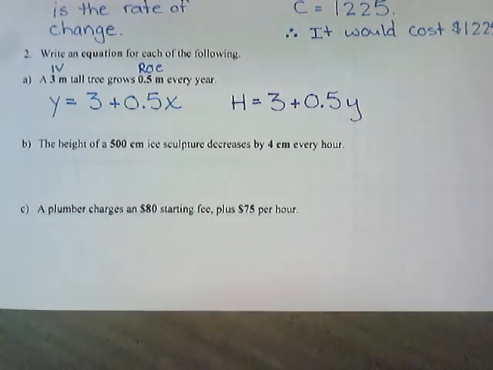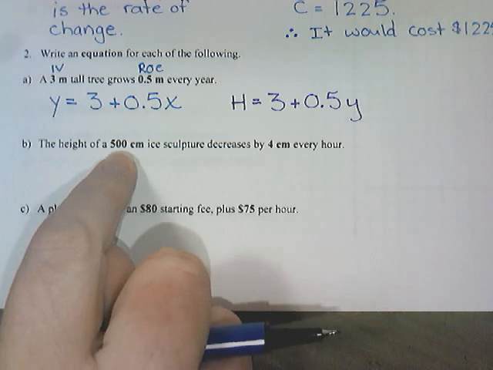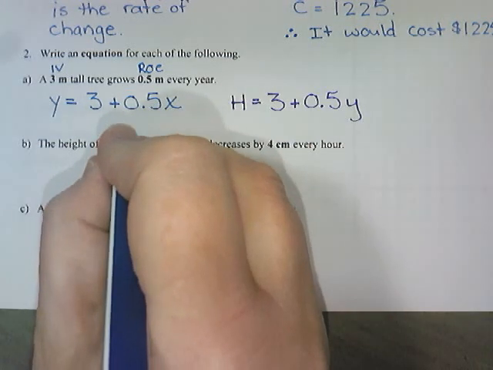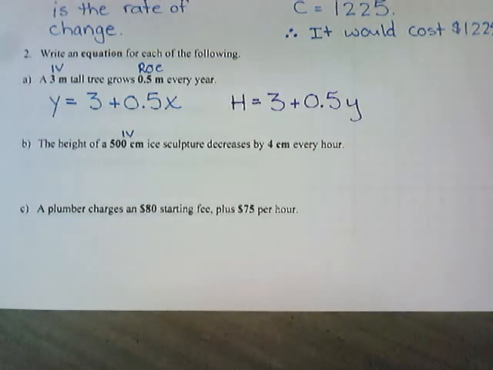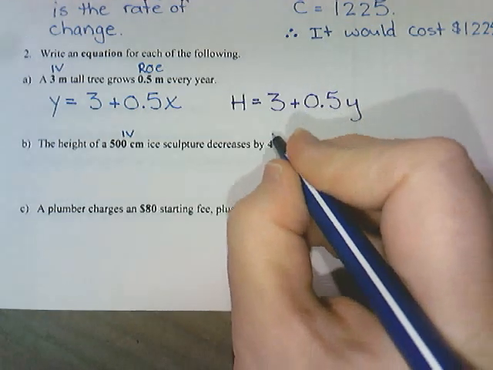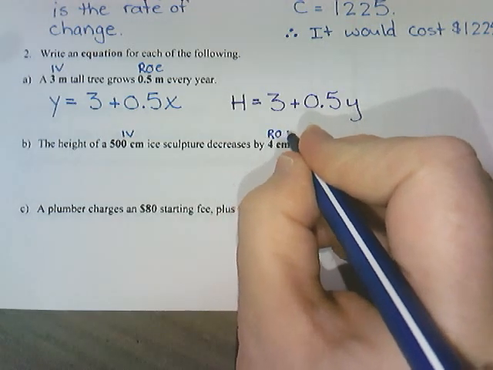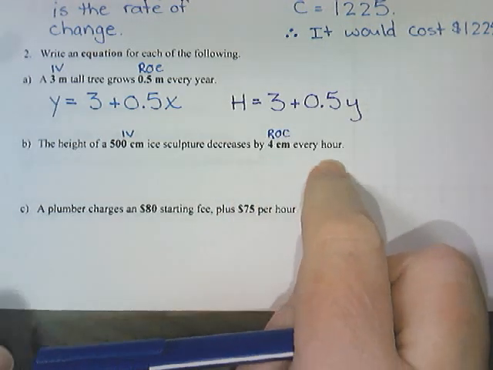Okay, our next one says the height of a 500 centimeter ice sculpture decreases by 4 centimeters every hour. So I think the initial value is 500. That's the starting height of the ice sculpture. And I think the 4 centimeters is my rate of change because that's happening every hour.